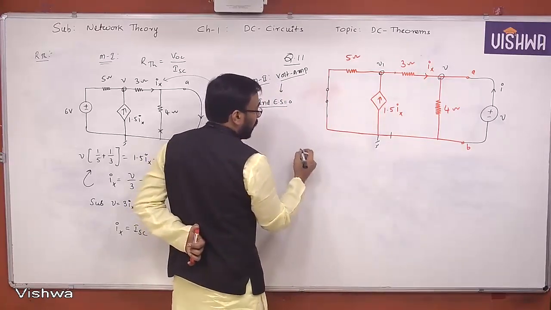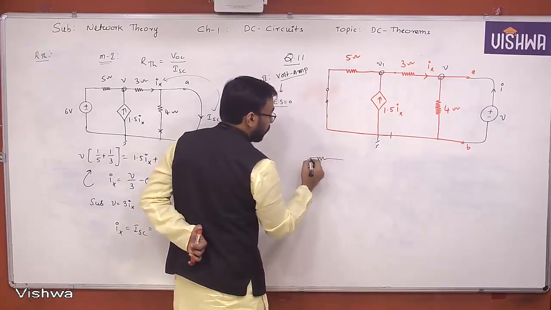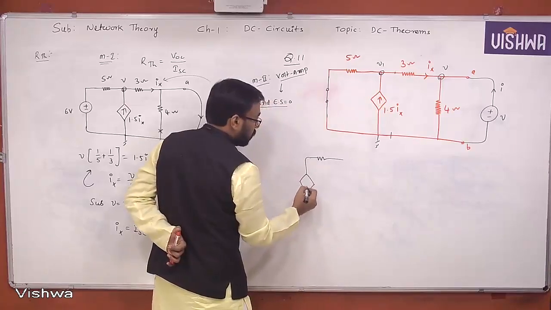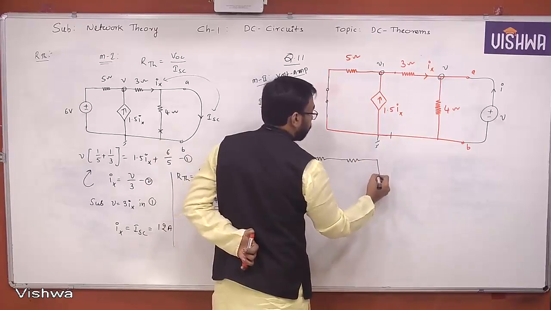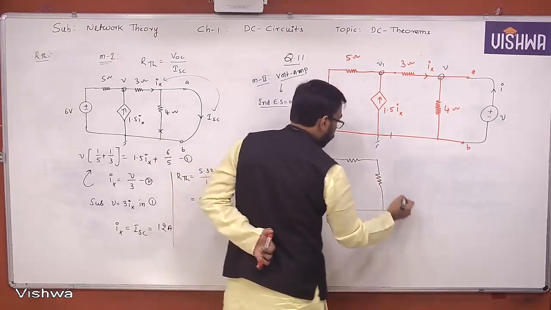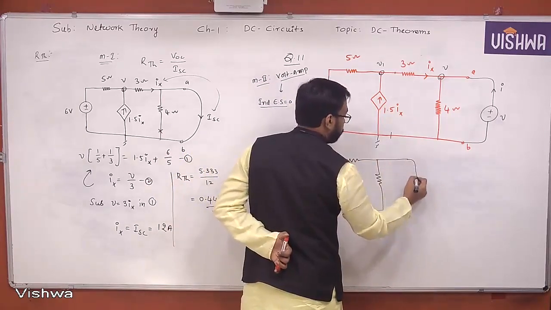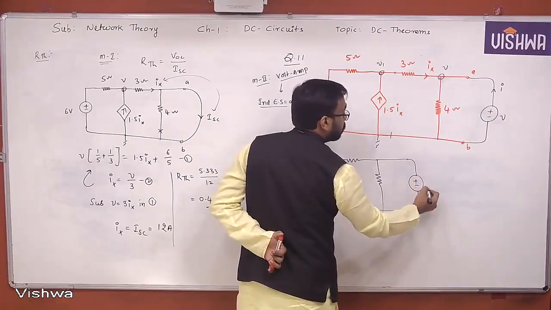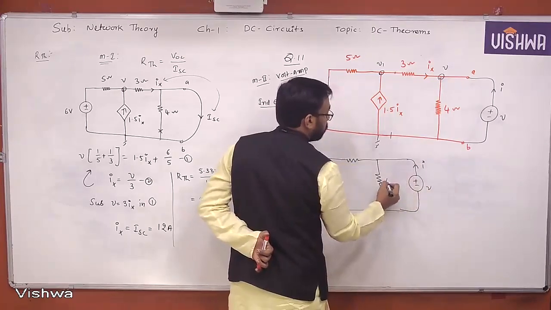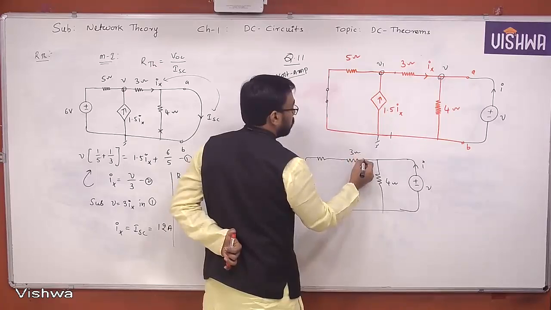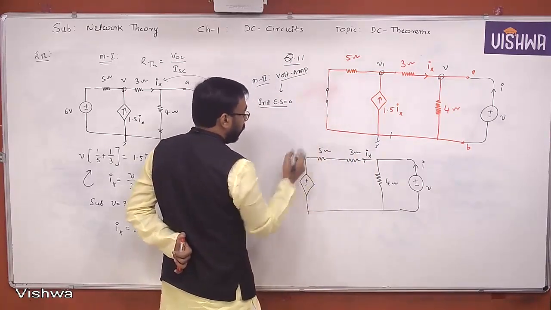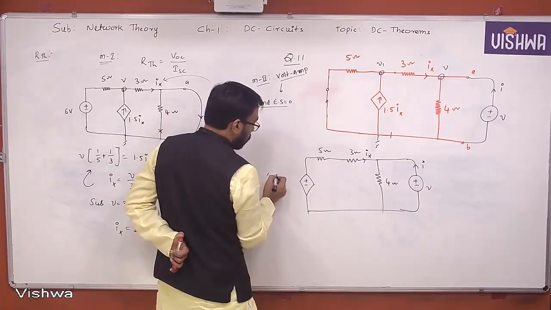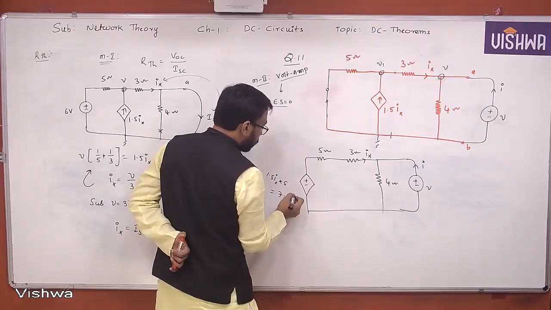So once you convert that, the network becomes something like this. Okay, what is this? 5 ohm. 1.5 into 5, 7.5 Ix volt.